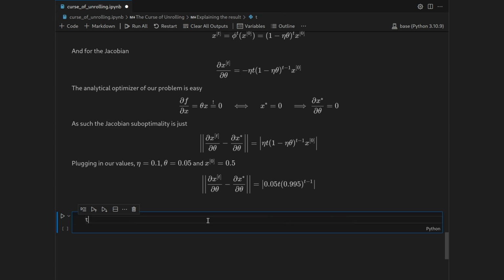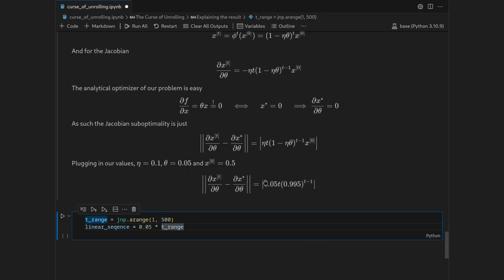So let's implement a t range. So here I want to set the number of iterations basically that we want to consider, and let's have a little bit less than what we had in the beginning. So let's have jnp.arange from 1 to 500 instead of 1000. And then we compute the linear sequence, which is 0.05 times t range.